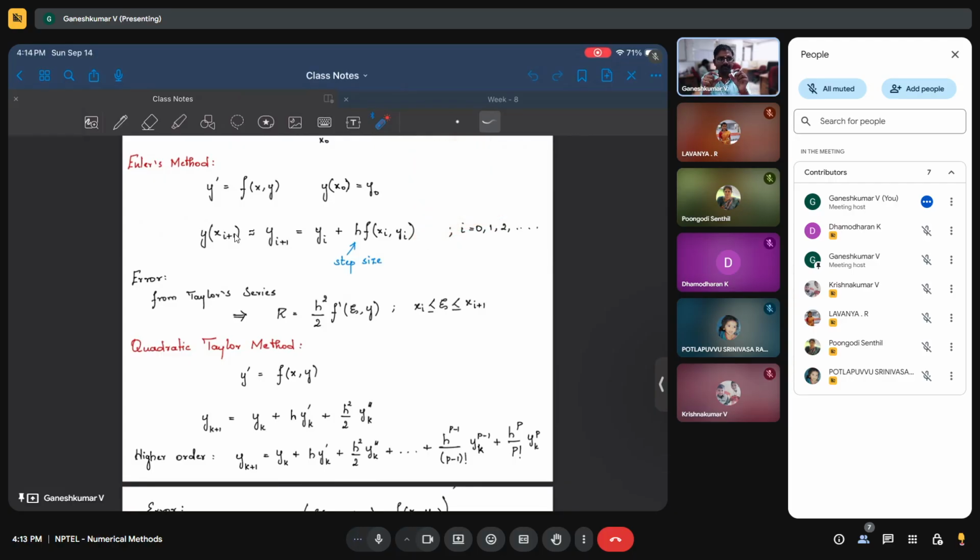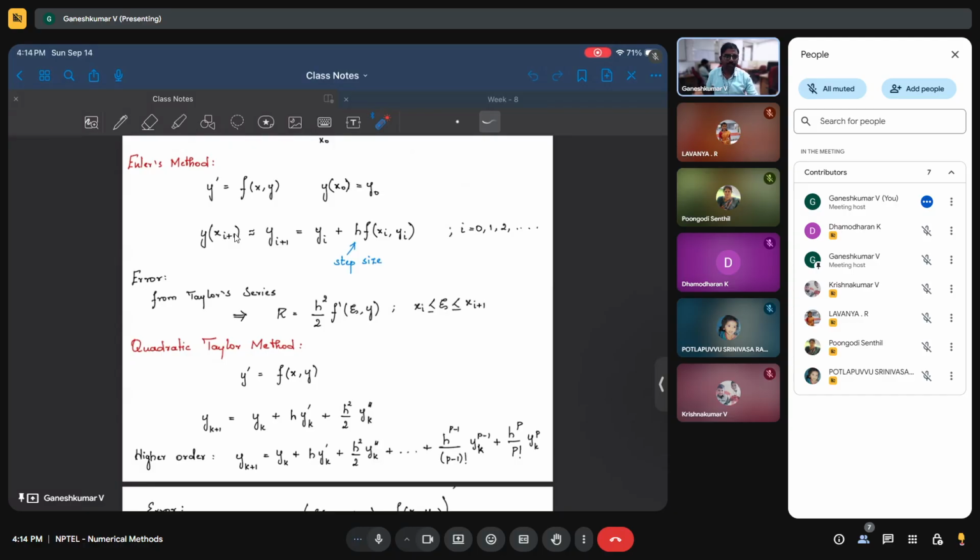So basically, if your delta x is very small, your derivatives can be approximated as simply differentials, right? So dy by dx, if your delta x is small, can be simply written as delta y by delta x, just the changes. So that's the idea. You can also derive the same thing from Taylor series.